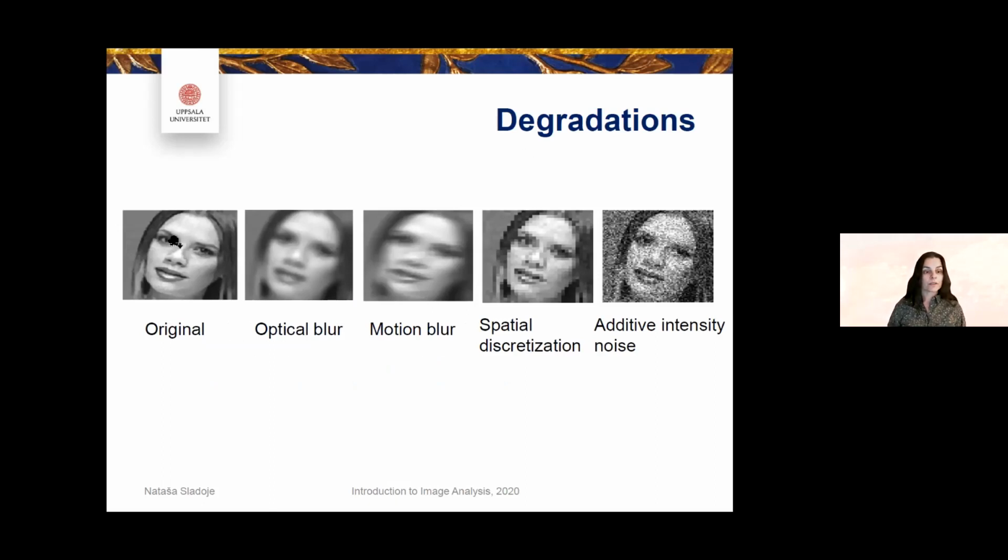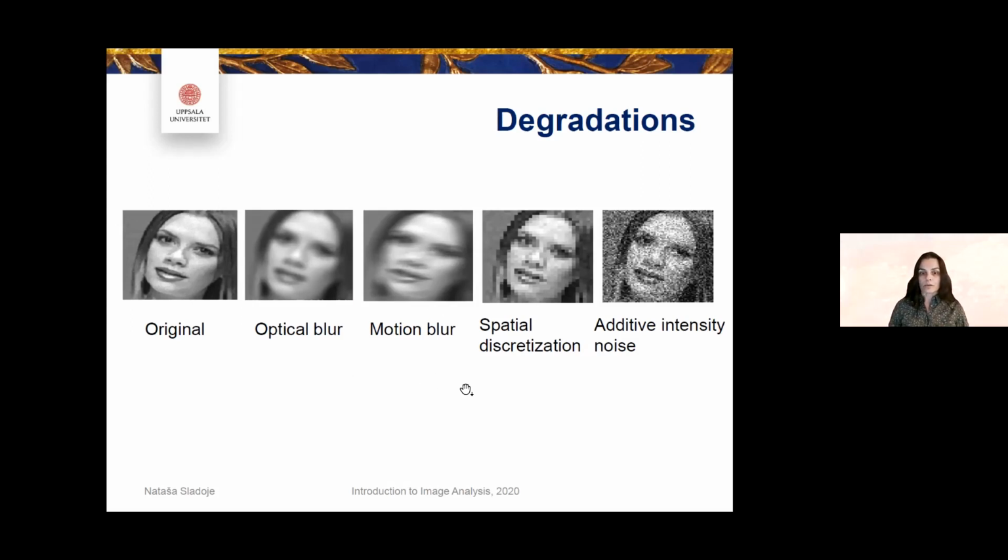Instead of having the original image that is not distorted, not degraded in any way, we, due to different imaging conditions, actually get images which are corrupted or degraded by optical blur, so they're over smoothed, or motion blur, which is then blurring in some certain direction because someone was moving during the acquisition.